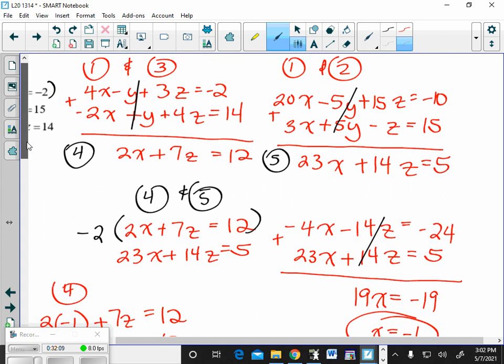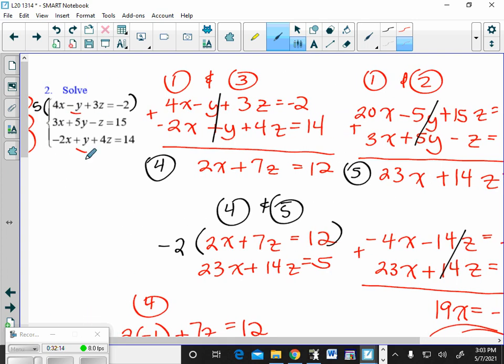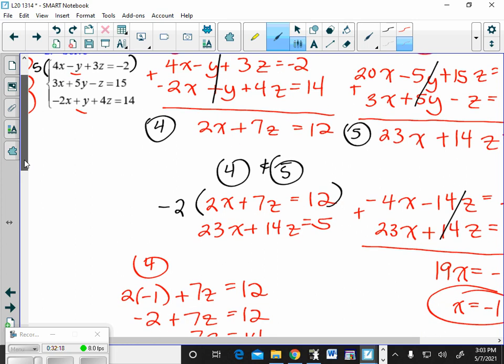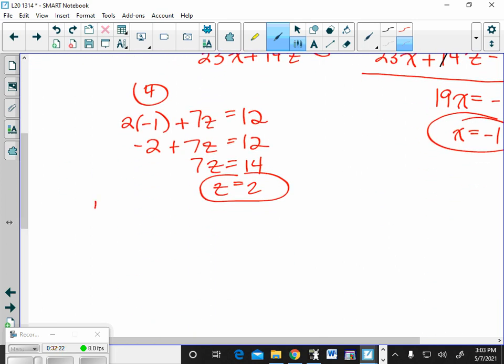Now we will go back into one of our original equations. You can pick the one you like the best. I think they're all about the same. So I think I'm just going to go into equation 1. 4x minus y plus 3z is equal to a negative 2.